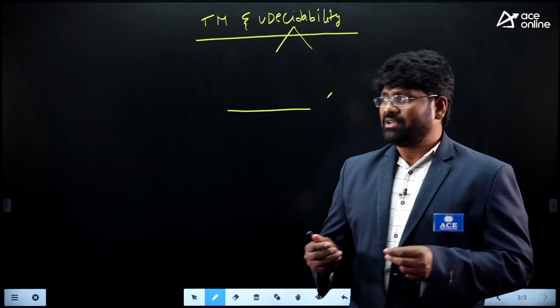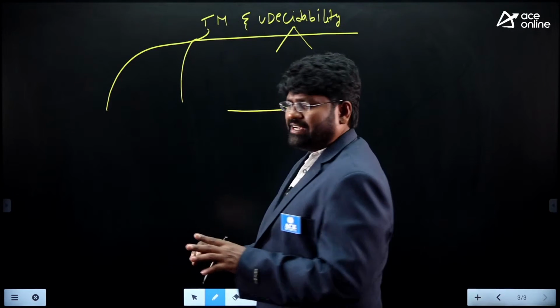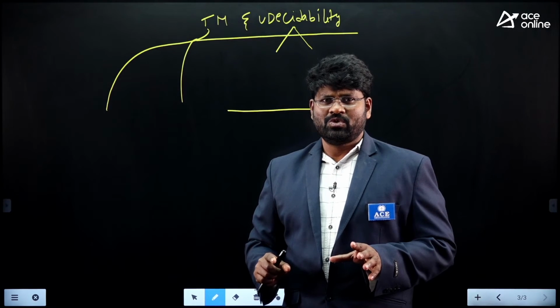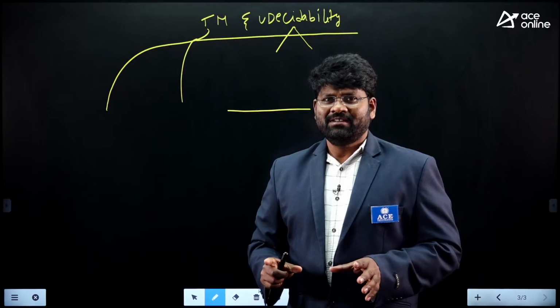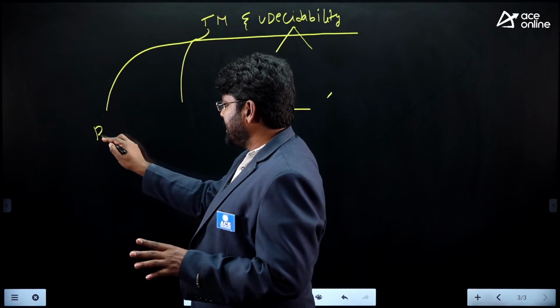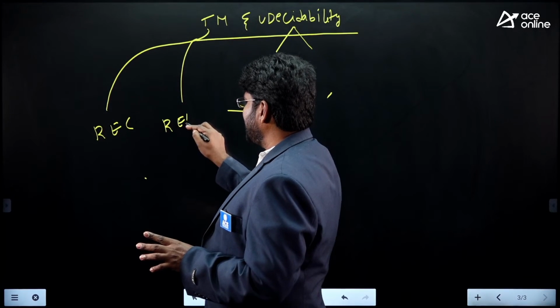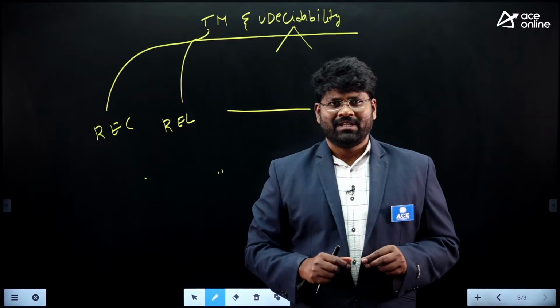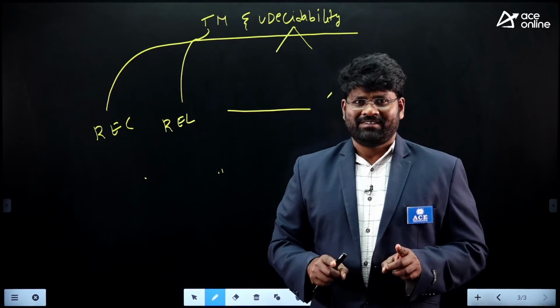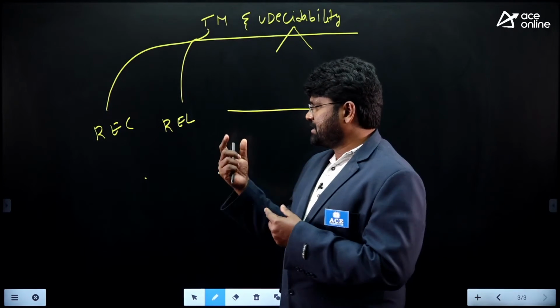As far as Turing machines are concerned, no question comes directly on Turing machines to solve numerically. What you can expect are questions on recursive languages and recursively enumerable languages. This is very, very important: identifying whether a language is recursive or recursively enumerable.